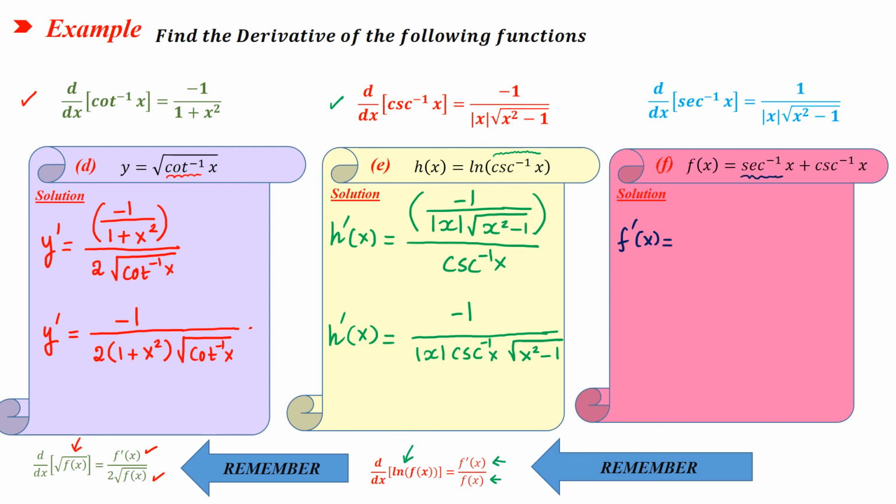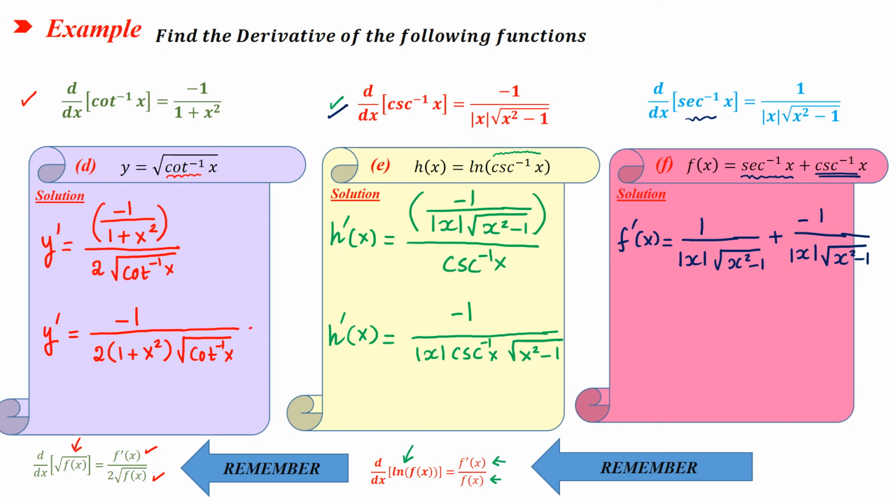For secant inverse of x, the derivative is 1 over the absolute value of x multiplied by the square root of x squared minus 1, plus the derivative of cosecant inverse of x, which is minus 1 over the absolute value of x times the square root of x squared minus 1.